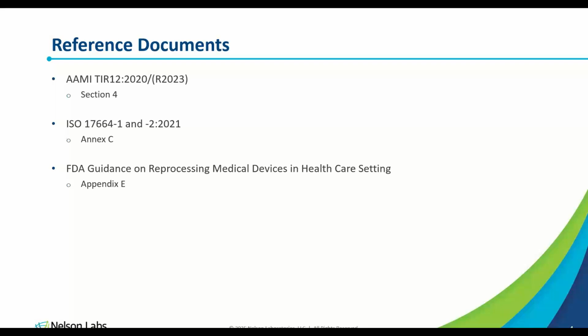And then for the devices that are coming in contact with mucous membranes or maybe non-intact skin or intact skin, we see total organic carbon being the second marker. But really, for surgical instruments, you can use total organic carbon as the second marker. You don't necessarily have to do hemoglobin.